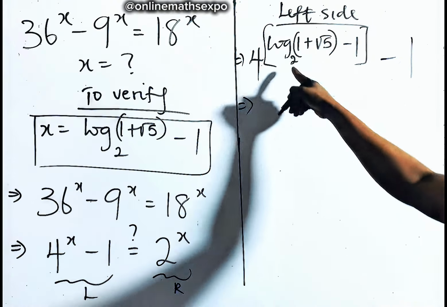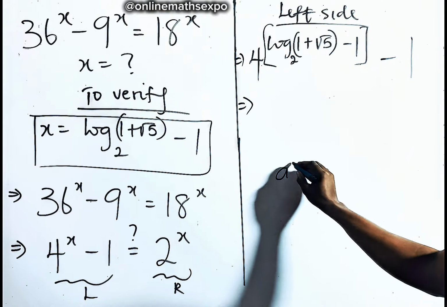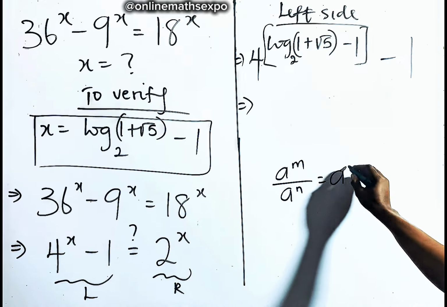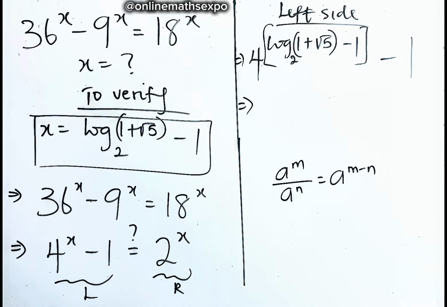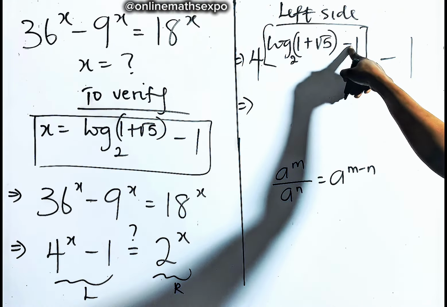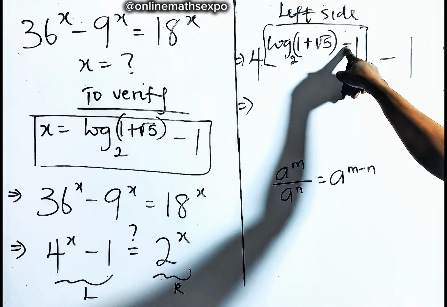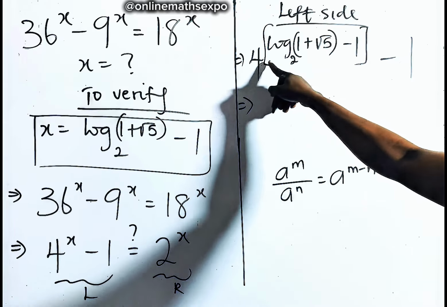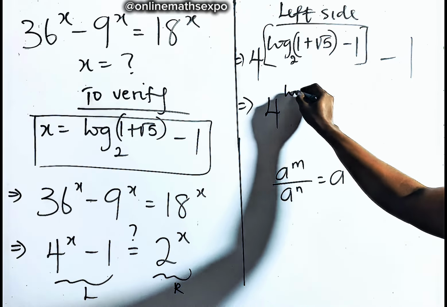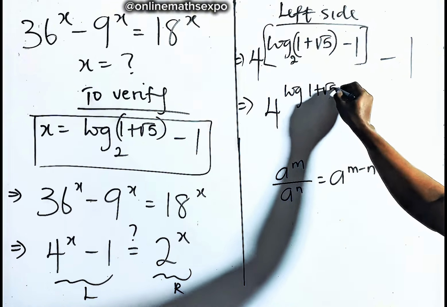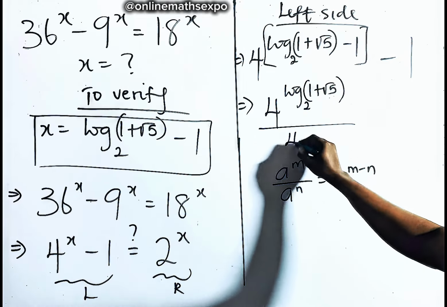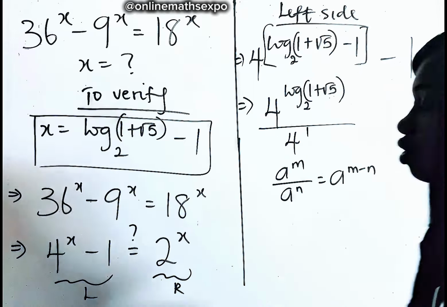Remember, for every a to the power of m divided by a to the power of n, it gives us a to the power of m minus n. Division turns to subtraction of the powers. When you look at this, you see that these two are subtracted and the base is 4. So applying this rule here, we have 4 to the power of log of 1 plus root 5 base 2, divided by 4 to the power of 1.